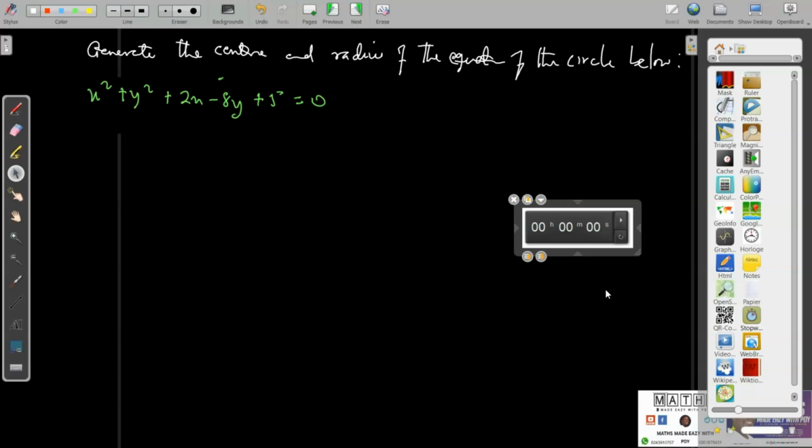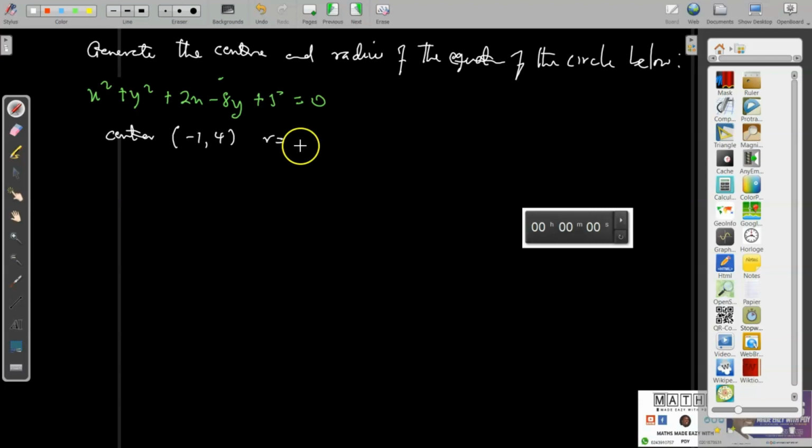All right, so time is up. Can you share the center for me? What did you obtain as the center? What was your center? Negative 1, negative 4. And how about the radius?